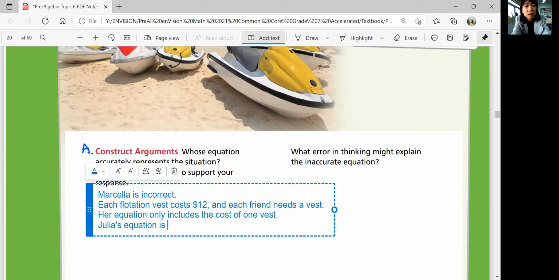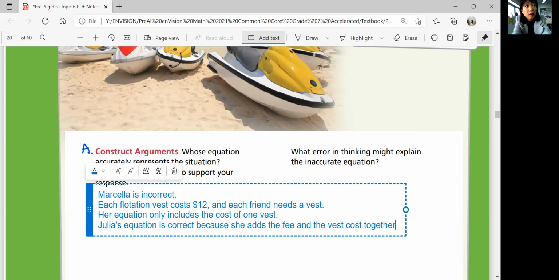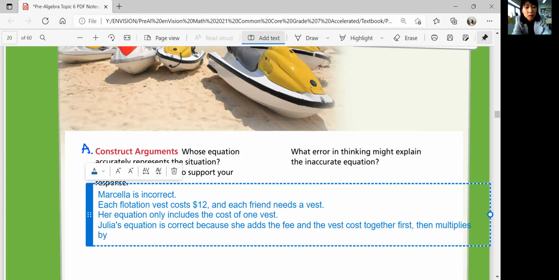Julia's equation is correct because she adds the fee and the vest cost together first, then multiplies the cost per person by 6.